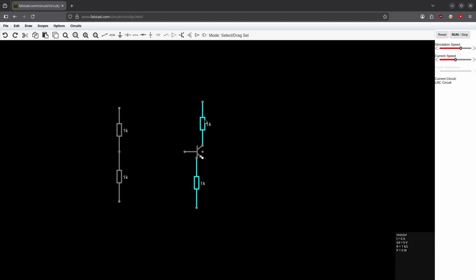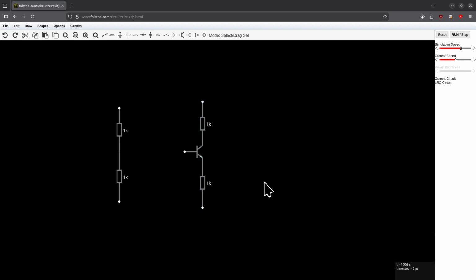So it basically consists of a voltage divider and another transistor with a collector and emitter resistor. Now, it's not too hard to explain this circuit. The gain of this circuit is this resistor here divided by this resistor here.